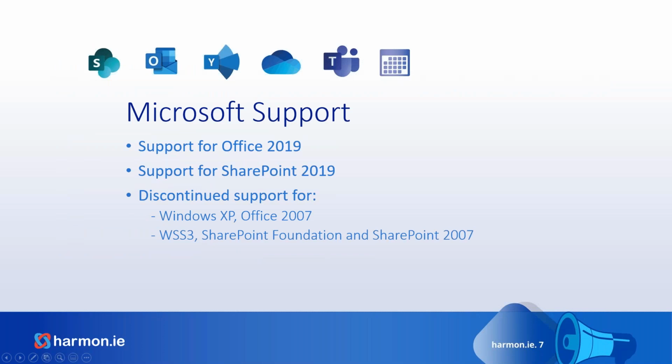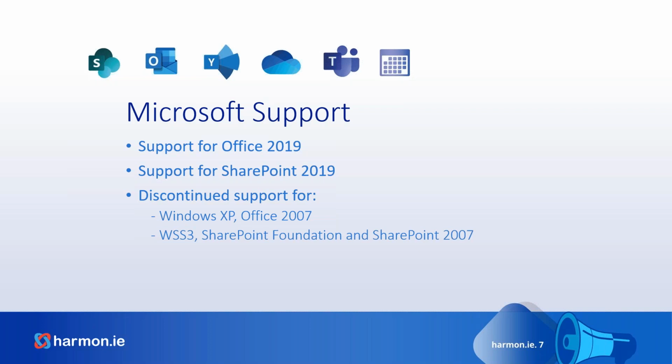One of the final things that we wanted to highlight with Harmony 7 is we've added support for both Office 2019 on the client side, so Outlook, for example, Word, Excel, and PowerPoint, but also SharePoint 2019 for on-premise environments as well.